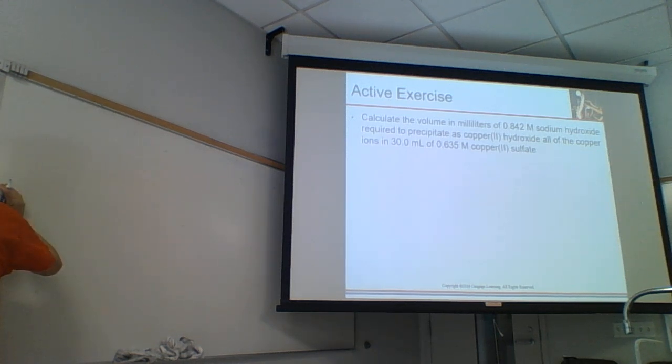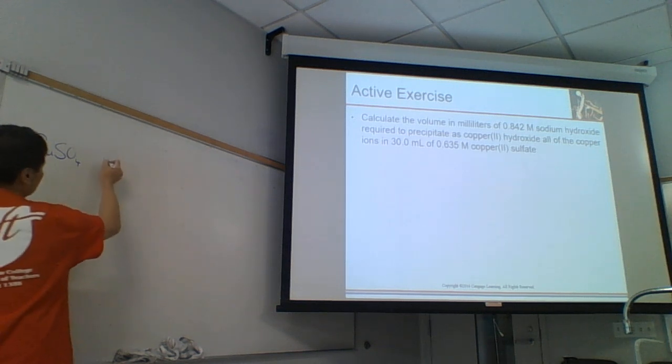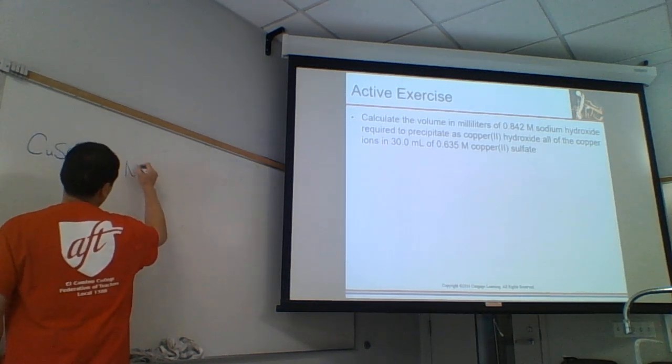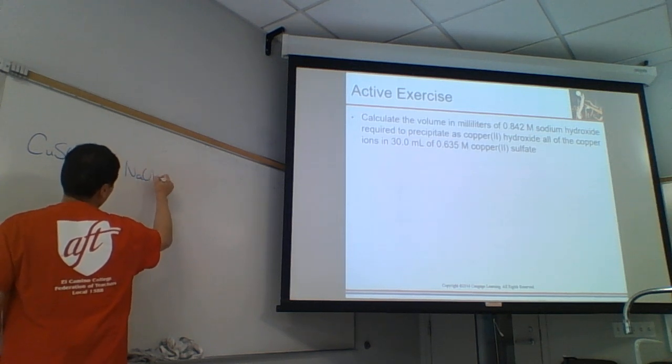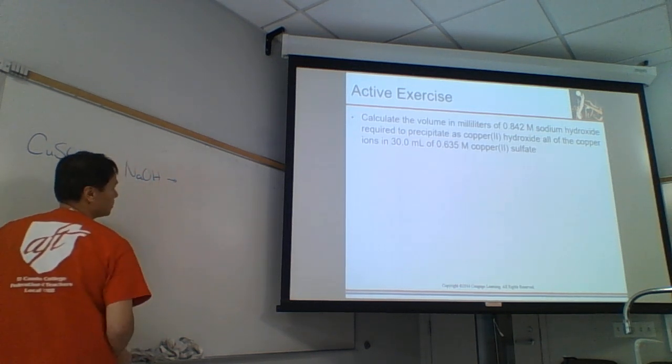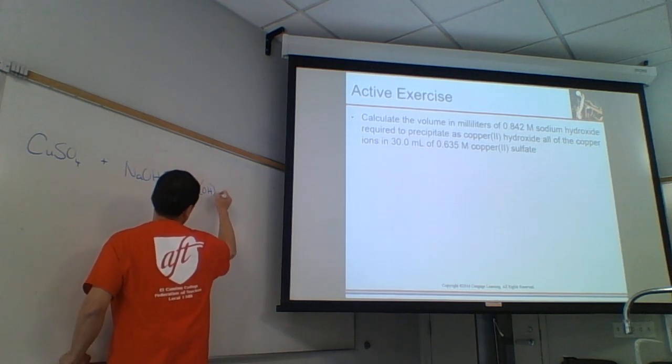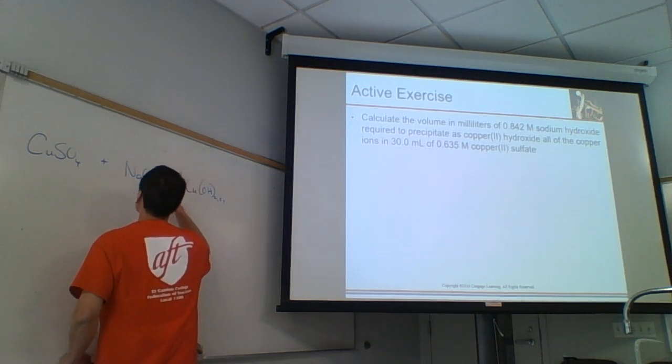It's going to be the reaction between copper 2 sulfate and sodium hydroxide. So what's the formula for copper 2 sulfate? CuSO4, aqueous, plus sodium hydroxide, NaOH. This is going to produce copper 2 hydroxide, Cu(OH)2, and what else?